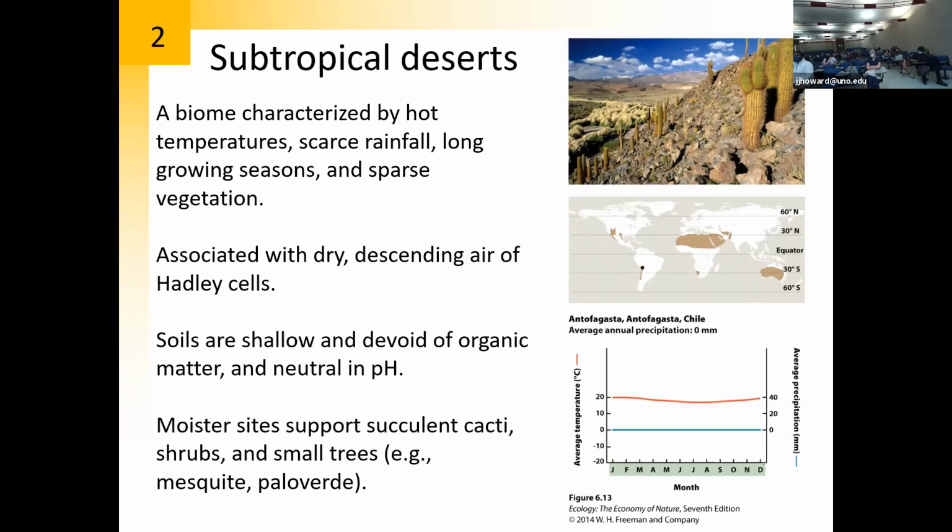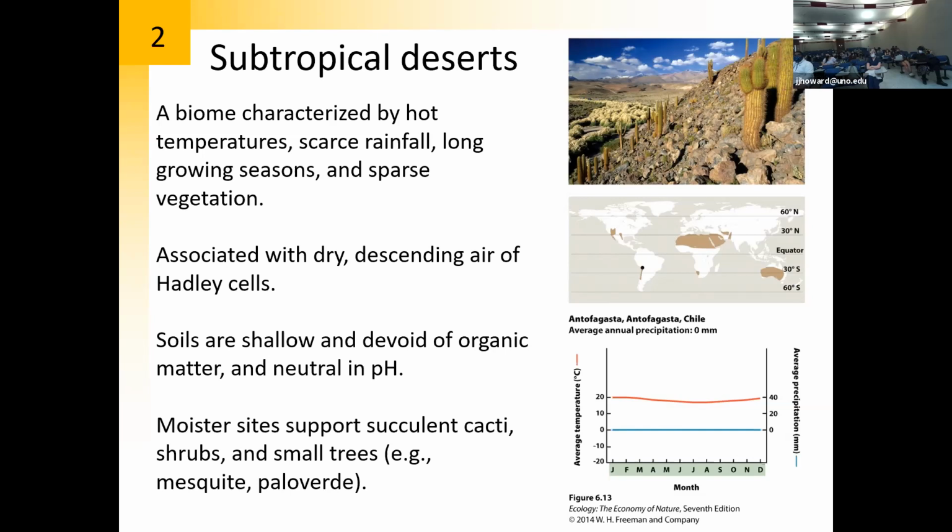Okay, so the question is, are rain shadows related to the distributions of some of these deserts? That's exactly right. That is why you see the deserts, particularly in South Africa and South America, located on the west coast of those continents. Where's the rainfall coming from mostly? It's mostly moving from east to west at that latitude.